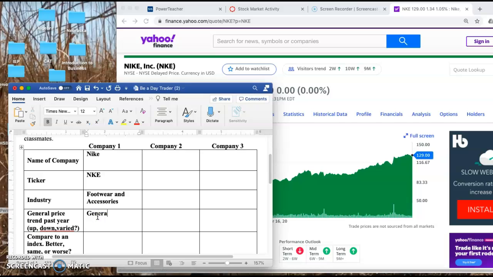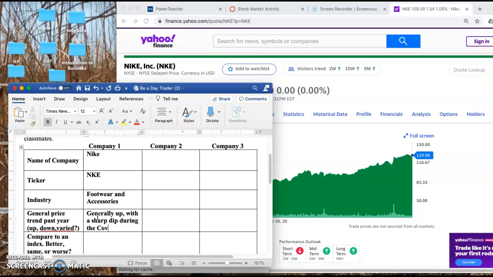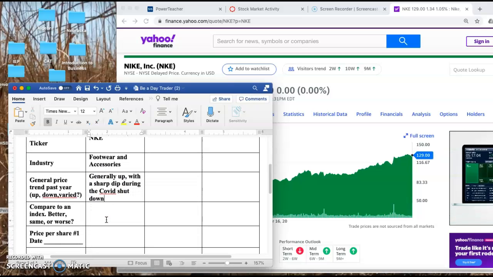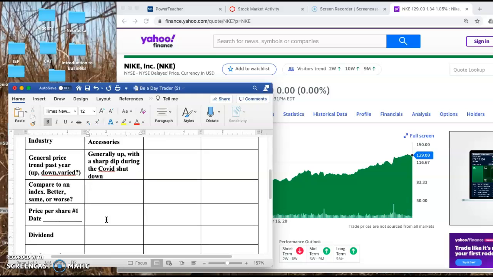It's generally up with a sharp dip during the COVID shutdown. And you guys are going to probably see that, like I said, on almost all of your stocks this year as we're researching this.